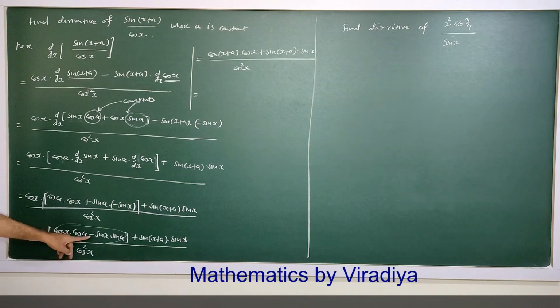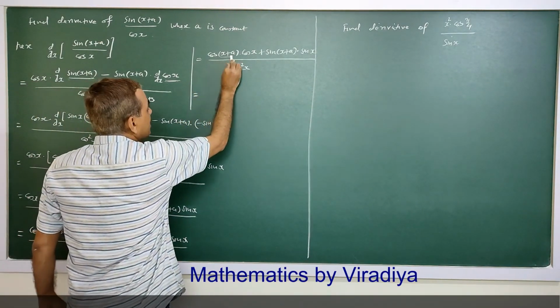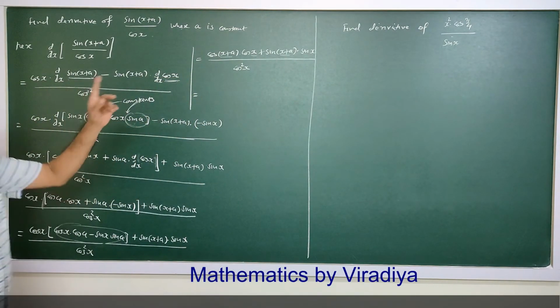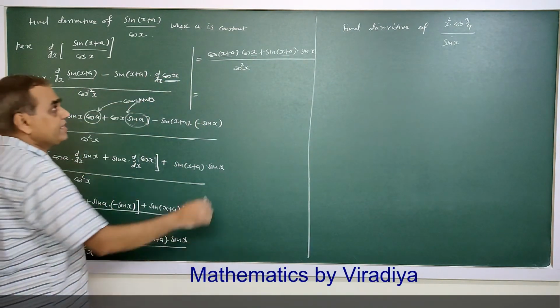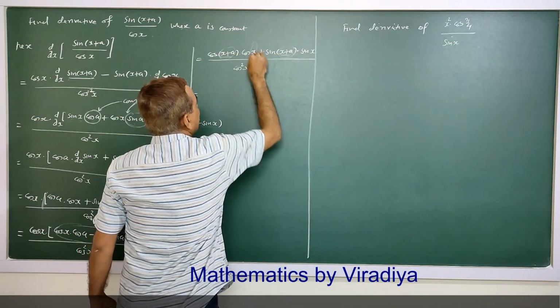Cos alpha cos beta minus sin alpha sin beta is cos of alpha plus beta. Once again, cos alpha cos beta plus sin alpha sin beta. This is like alpha, this is like beta.